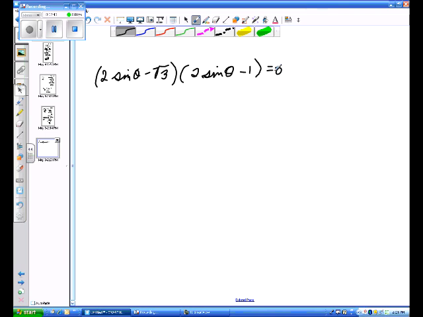And we're going to give our answers in degrees, but we're going to give all of the answers, just to see how we would go about writing these when we want all of the answers. And then we'll look at one where we give all of the answers in radians.